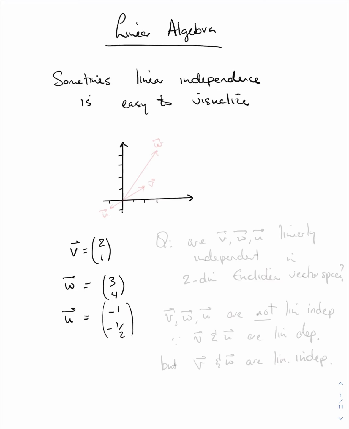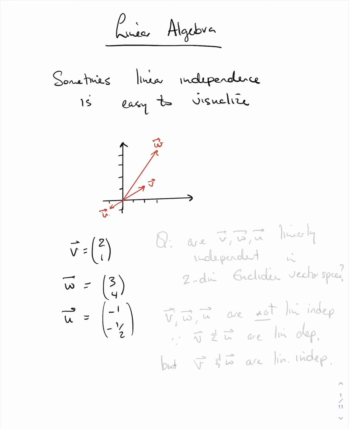We want to put them on these axes that I've drawn. One thing that you'll realize is that here's v, here's u, and here's w.